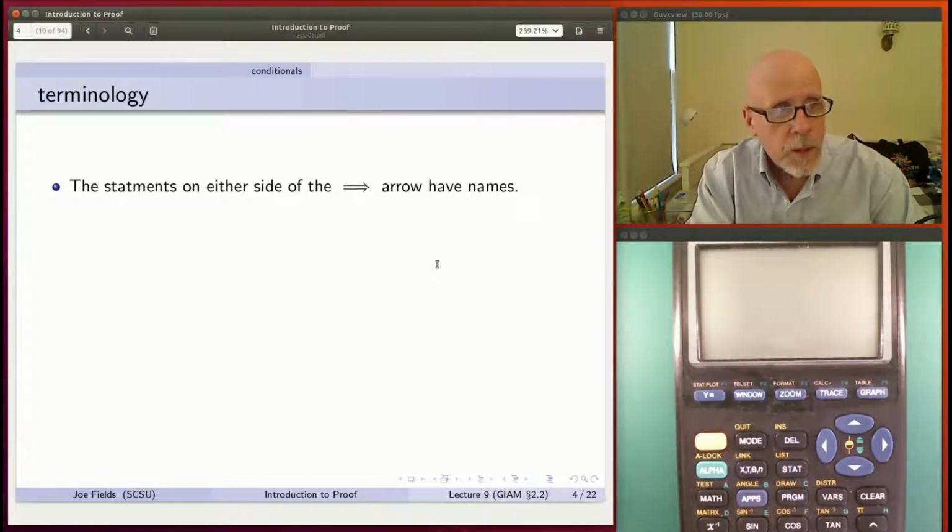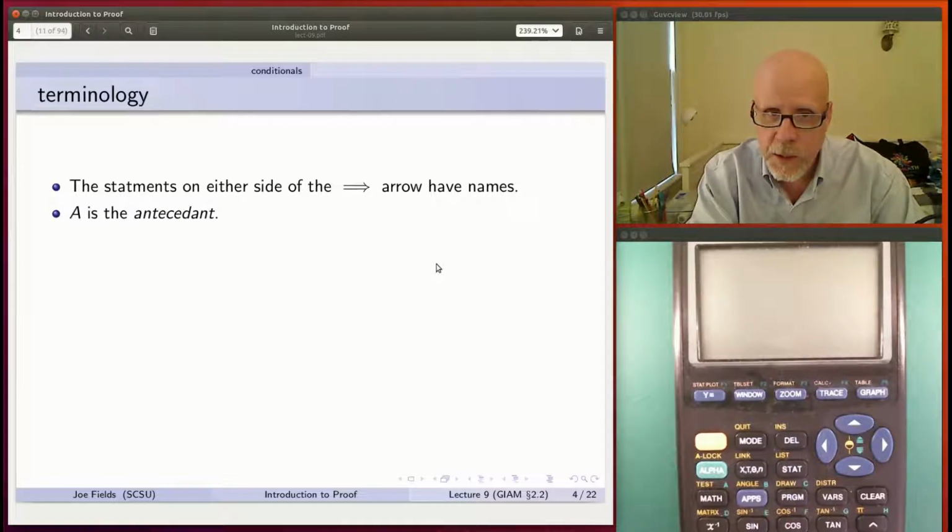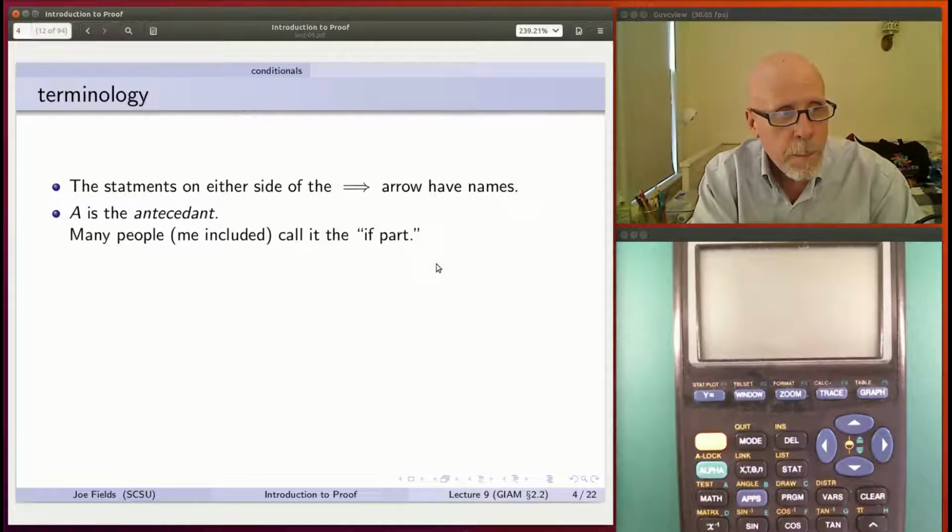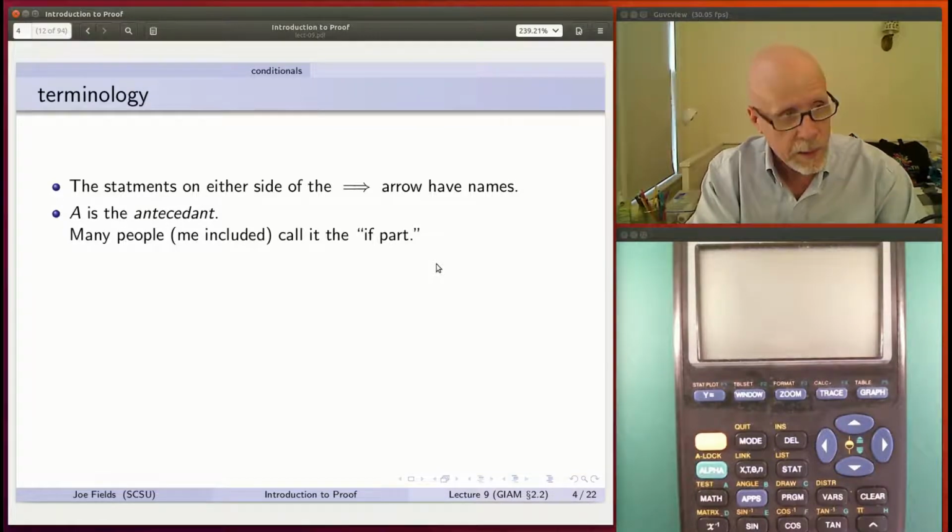There's some terminology we should learn. The statements on either side of the arrow do have names. We always call A the antecedent. This is in the case that it's A implies B. Many people, me included, call it the if part. That's fine, but you sound more sophisticated if you say antecedent, don't you?